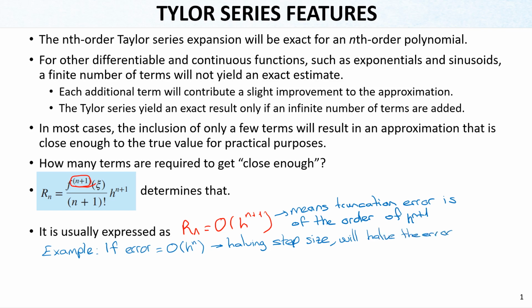But in the Taylor series case, the error is O h to the power n plus 1. In this case, halving the step size will quarter the error. So it has greater effect on the accuracy.